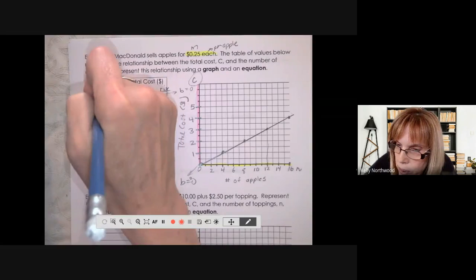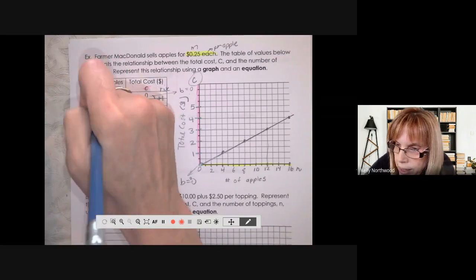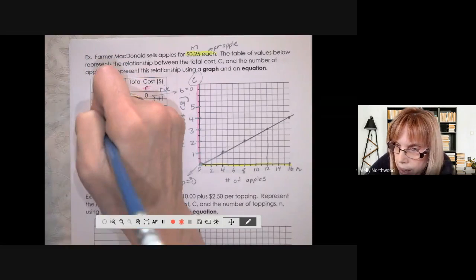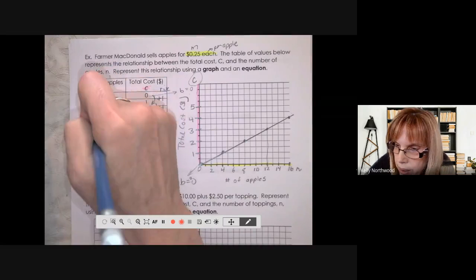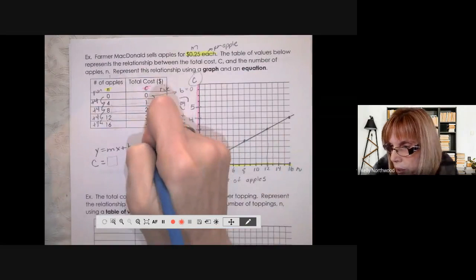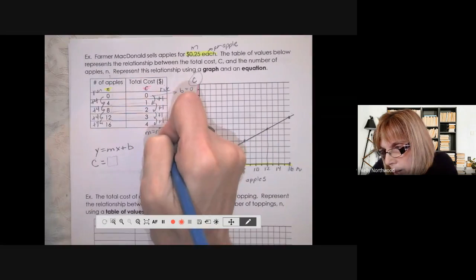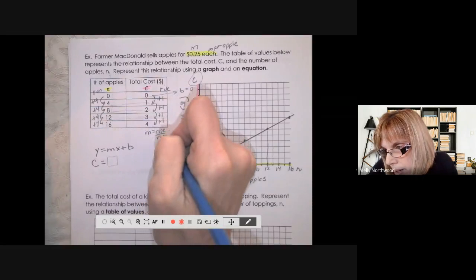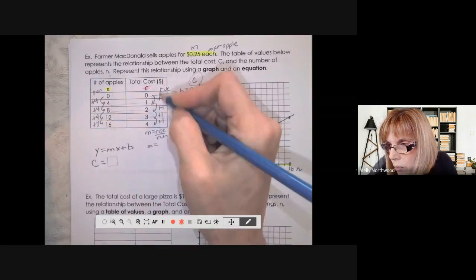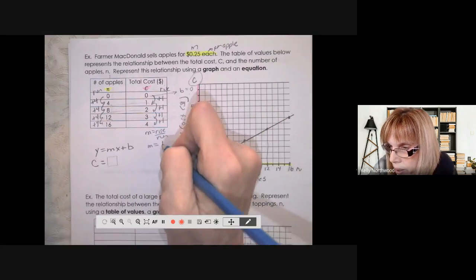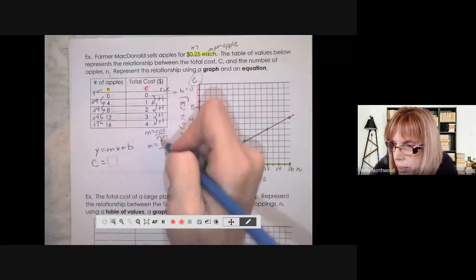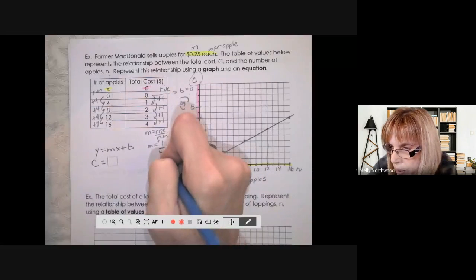0 to 4 is up 4. 4 to 8 is up 4. 8 to 12 is up 4. So if we do M equals rise over run, our rise is $1 when our run is 4 apples.